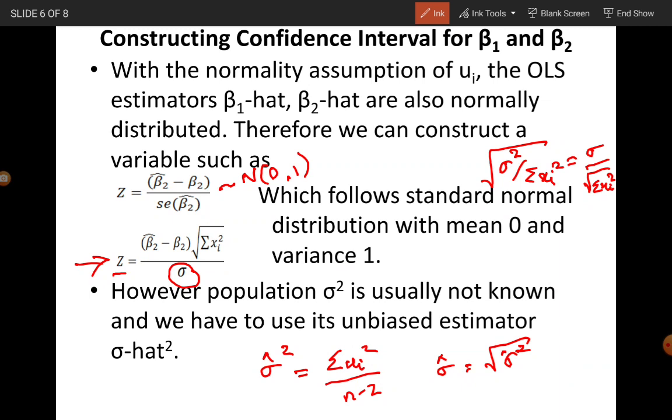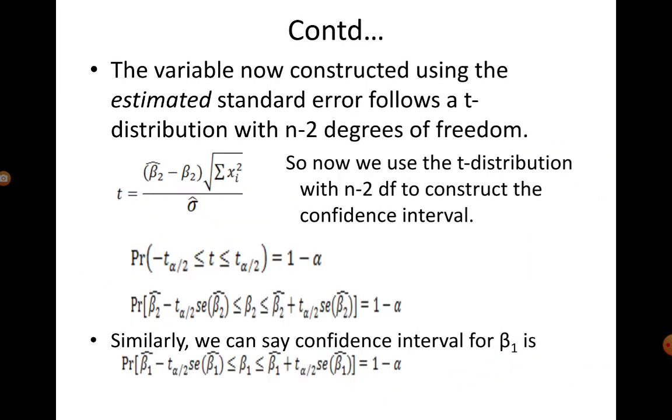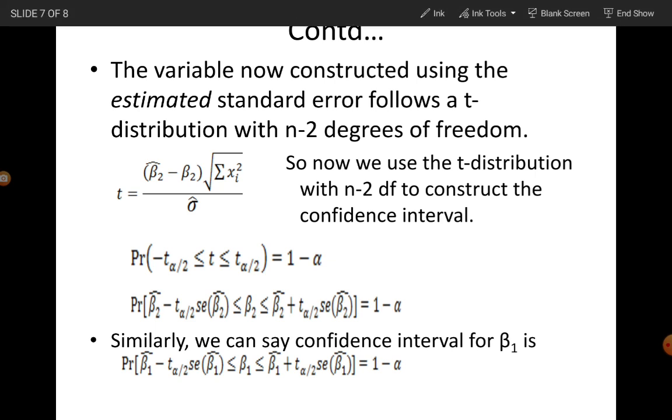the statistic that we can now create takes this form, right? Instead of sigma in the earlier equation, I have written sigma hat, but the distributions have changed. My beta 2 hat still follows normal distribution, but sigma hat square, if you remember, follows chi-square distribution with n minus 2 degrees of freedom.